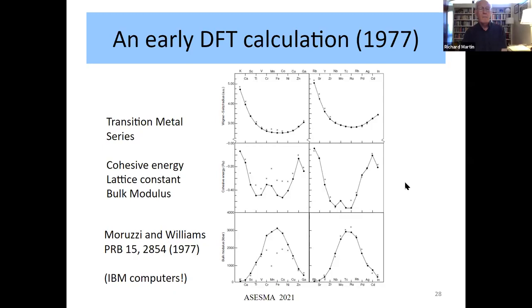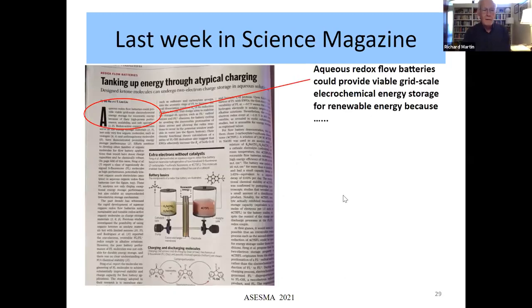So many calculations have been done, as you know, and here's an example. I looked in Science magazine last week. I was trying to understand something about batteries that are so important for renewable energy. The first words of this article are, aqueous redox flow batteries could provide a viable grid scale electrochemical energy storage for renewable energy. These are things that might work for huge amounts of storage of energy, not your car or your cell phone.